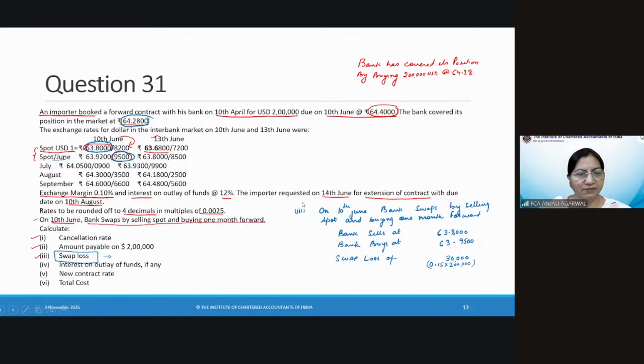$96,000 is for how many days? We'll calculate interest at the rate of 12% on this. Okay, so he's asking for the transaction from 10th June till 10th August. So from June to 10th August, it's approximately June 20, July 31, that is 51, and 10 days of August, 61 days. So approximately 1,925 is the interest.